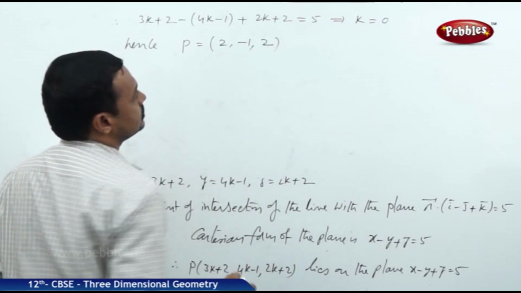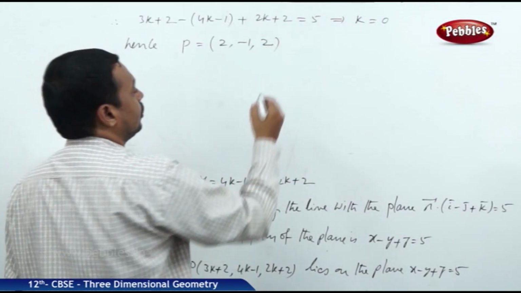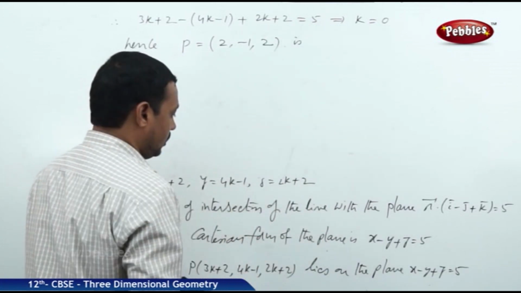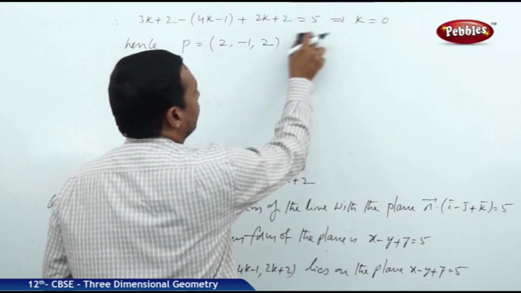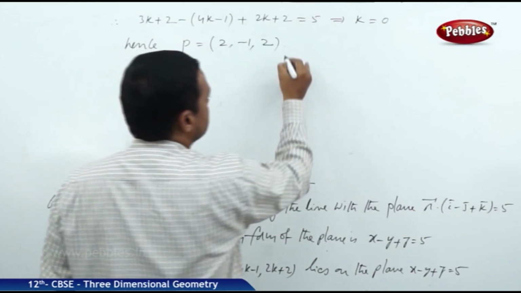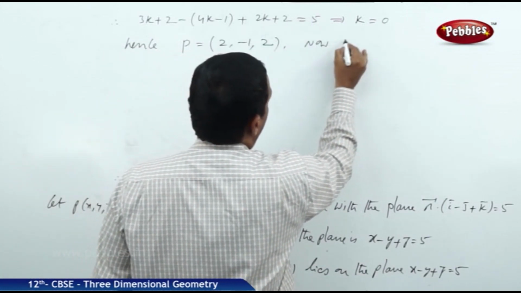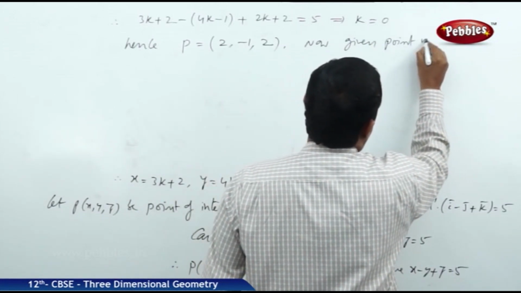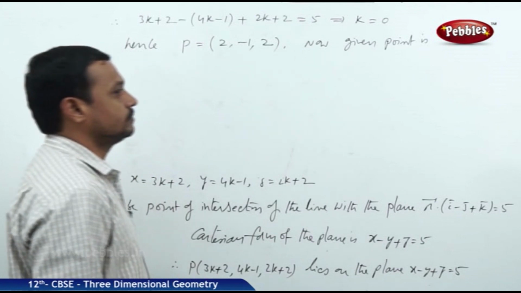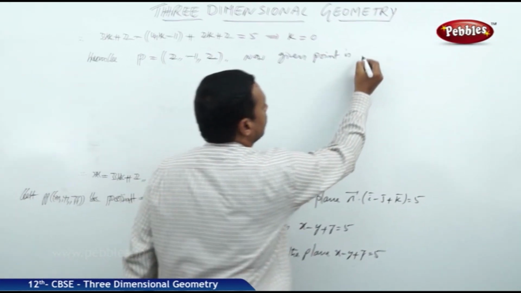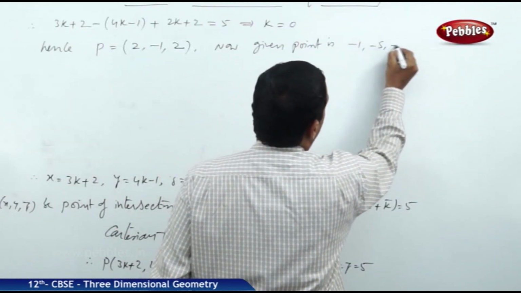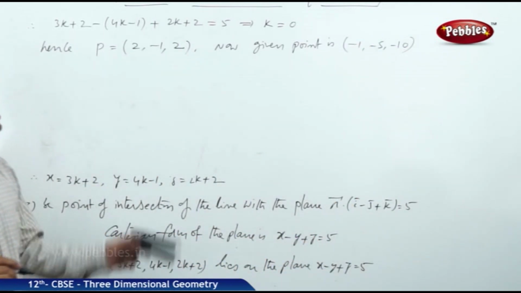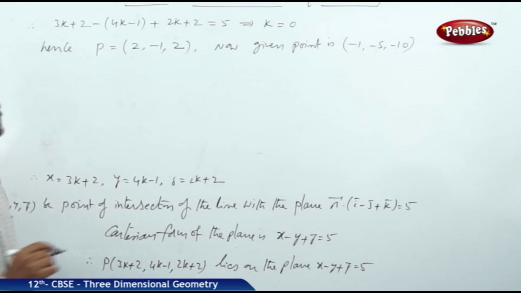Substituting k is equal to 0, P is (2, -1, 2). This is the point of intersection of the line with the plane, and the given point is (-1, -5, 10). Okay. Now let us find the distance between them.